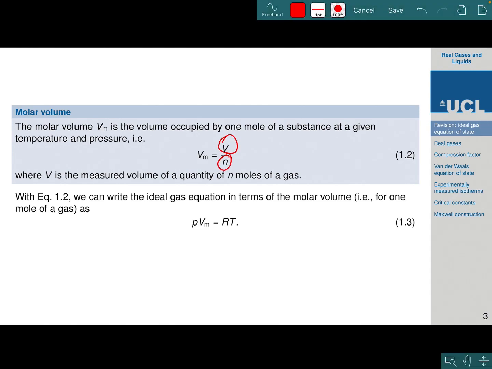We divide that by 3, and that gives us the volume that 1 mole occupies. And then with the molar volume, we can re-express the ideal gas equation as PVm, where Vm is now our molar volume, is equal to RT. And this is simply because for 1 mole of gas, n is equal to 1.